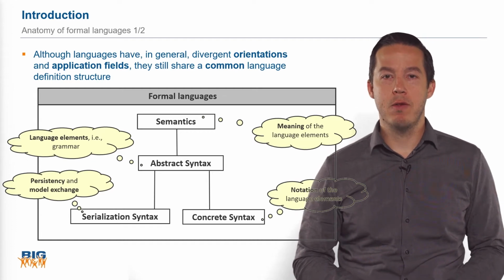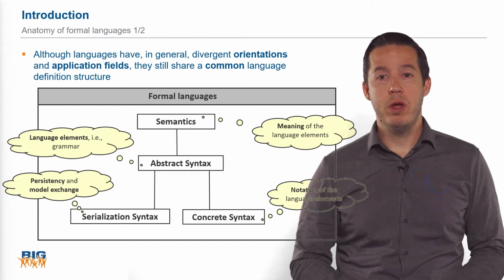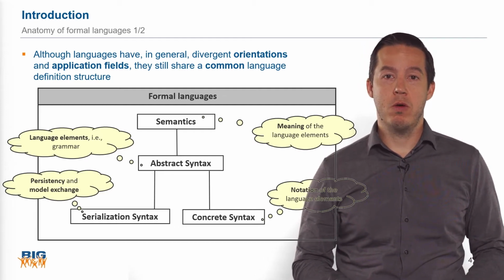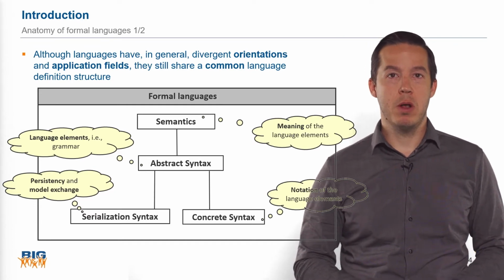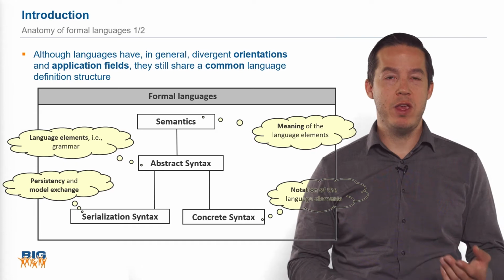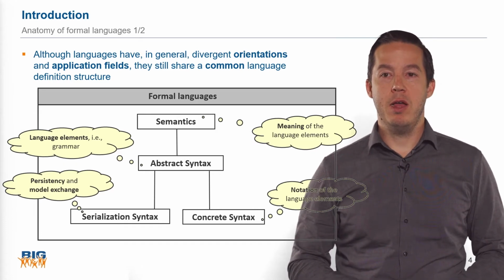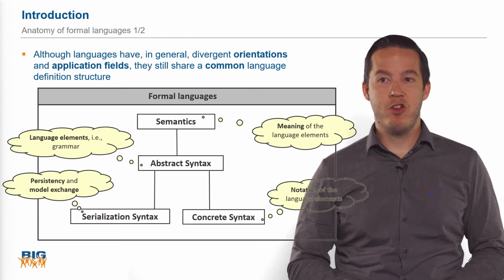And this abstract syntax is then used in twofold ways. One way is to define the serialization syntax, where we talk about persistency aspects and model exchange aspects, so how we can serialize or deserialize a model. The other aspect is the concrete syntax, often also called notation.